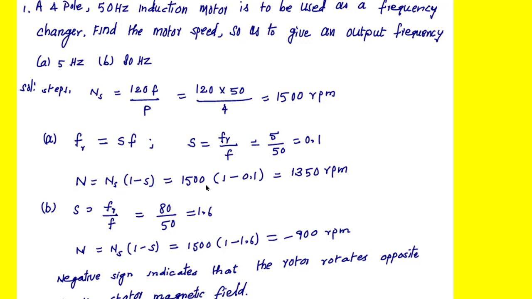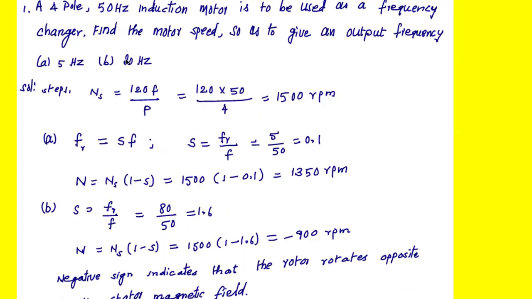We have calculated the synchronous speed and we also calculated the slip. So we can calculate the speed of the motor, N is equal to Ns into (1 minus S). Ns is 1500 into (1 minus slip), slip is known, that is 0.1. Substituting that, we get 1350 RPM. If you look at this speed, 1350 RPM is less than the synchronous speed. So it is okay. Next.